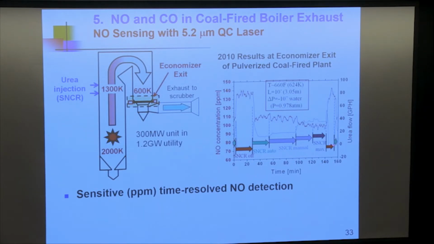The black must be the NO here. When you have a high amount of urea, you have a low amount of NO, but how much? How efficient is it? They needed this real-time NO detection to do that. Again, it avoids having to do this at the exit of the stack, which is something like 30 seconds of flow time away.